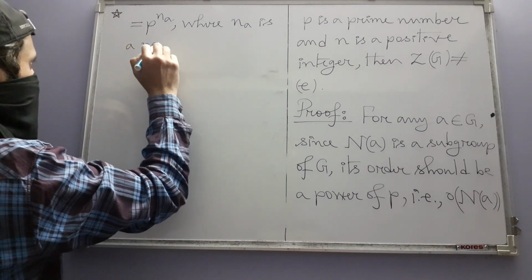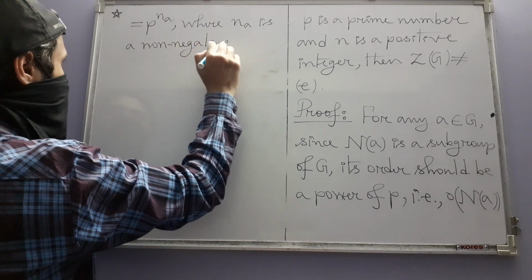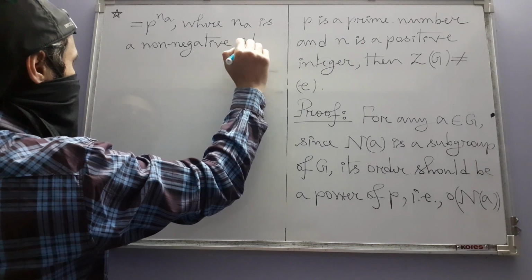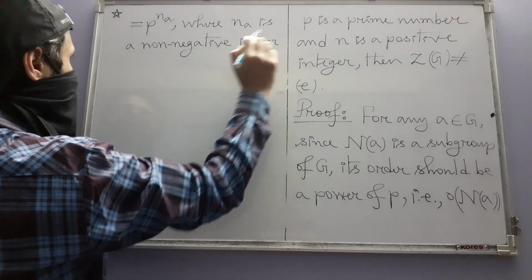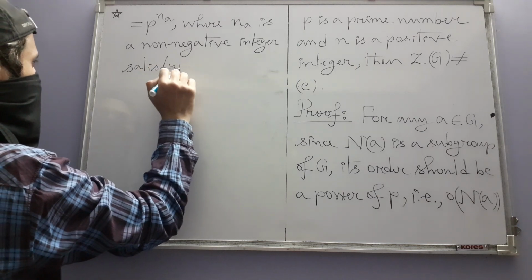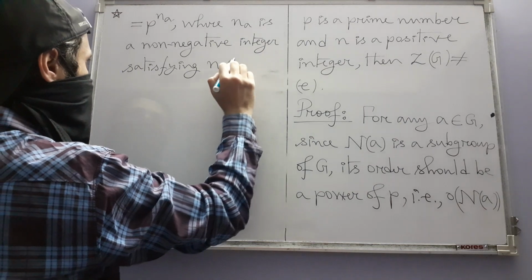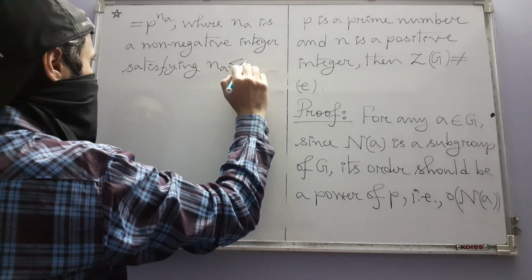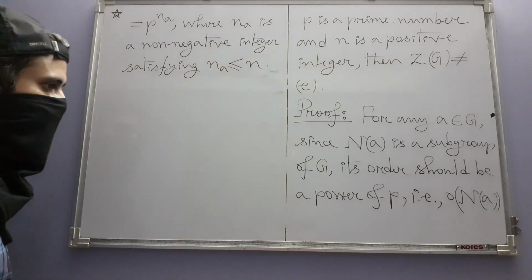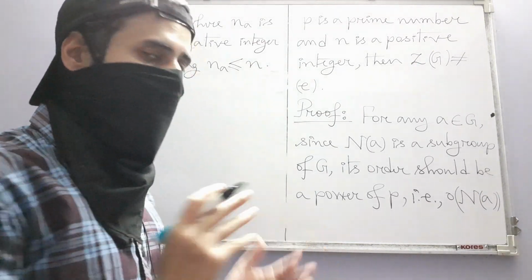NA in general is a non-negative integer satisfying NA less than or equal to n, so that p to the power NA can divide p to the power n.